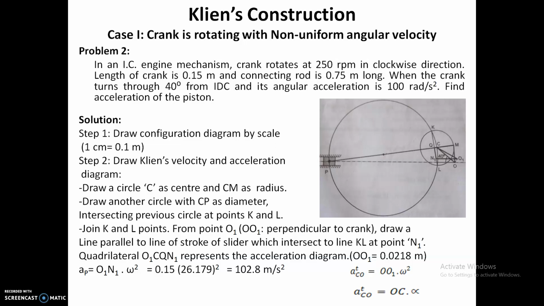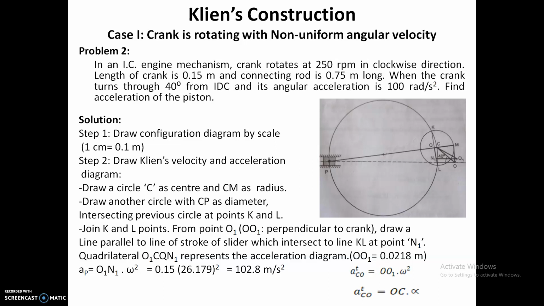The crank OC is the normal component of acceleration, and because of the alpha value for the crank, another tangential component comes into the picture, and that tangential component is always perpendicular to the normal component of the crank. So the direction is clear.